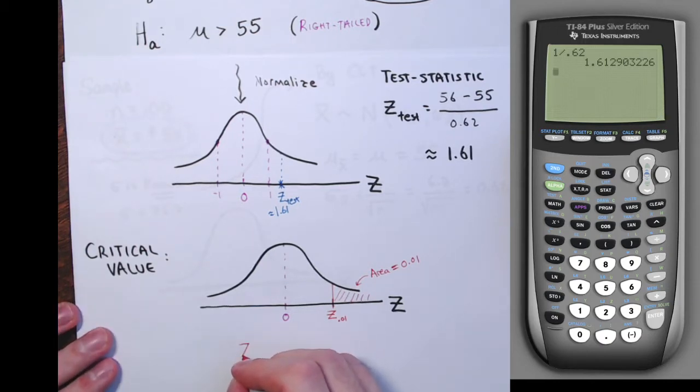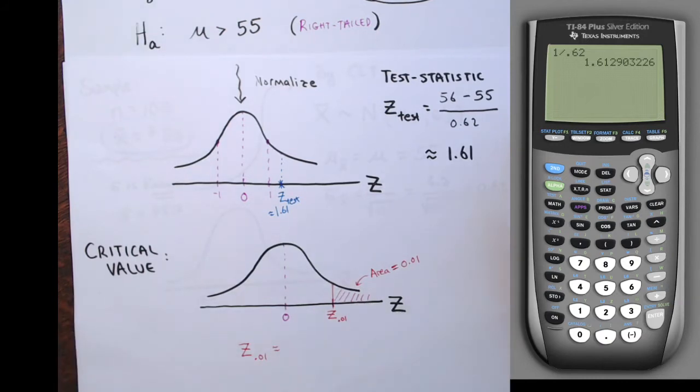Now, I could find this with my calculator or a table. I'll show you the table in a second, but we go to the calculator. Remember how to find a z-score given an area? You use the distributions menu and then go to inverse norm. The area you're entering on the calculator is area to the left.